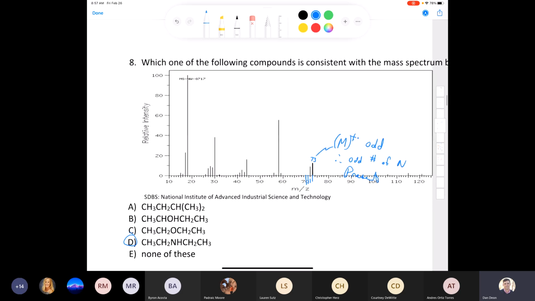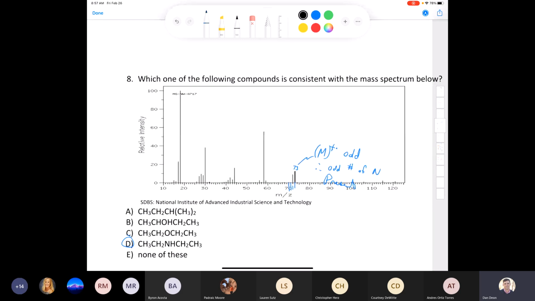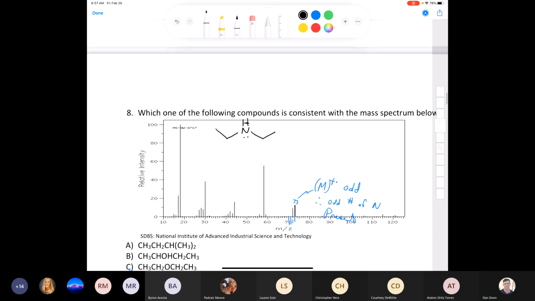I want to look at this one in a little more detail, right? If you draw out the structure of D, here's the structure of D. Now, you remember what we talked about during last lecture. I said that if you take an amine, it can undergo what's called alpha fragmentation. So first you hit it with 70 electron volts.